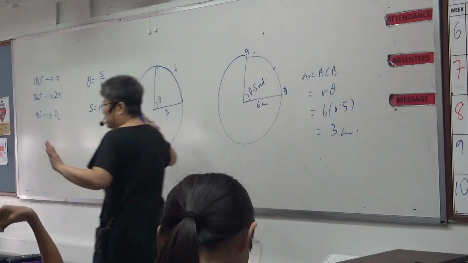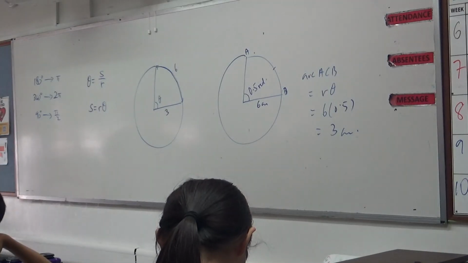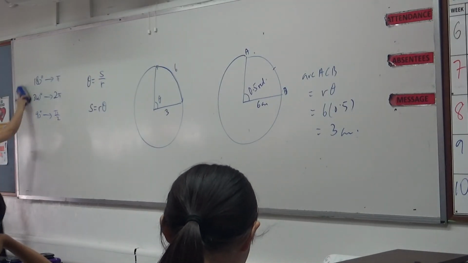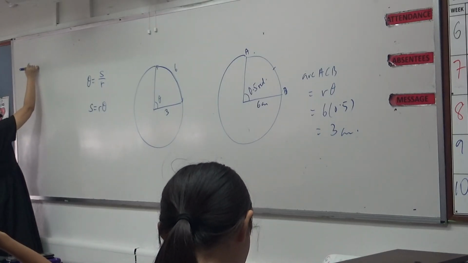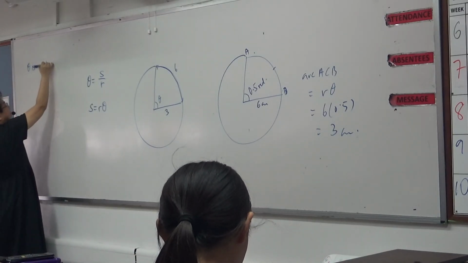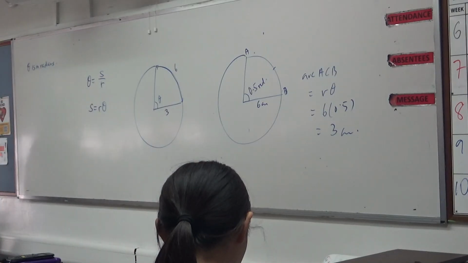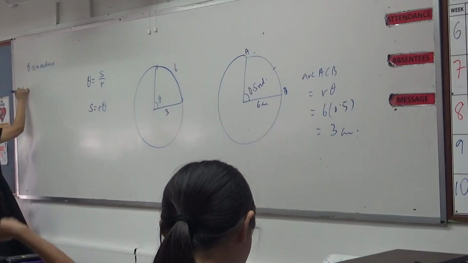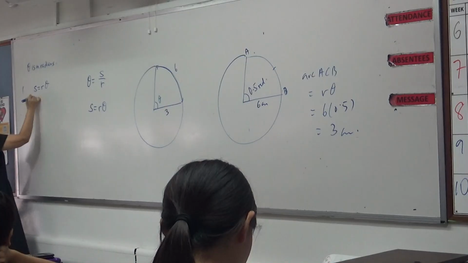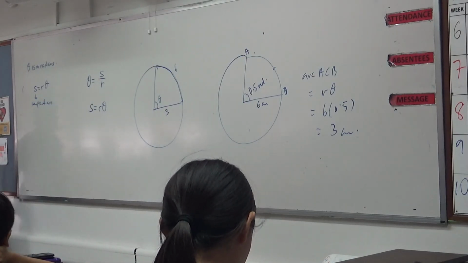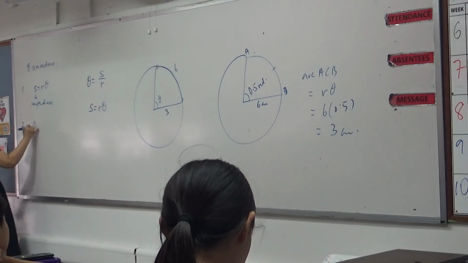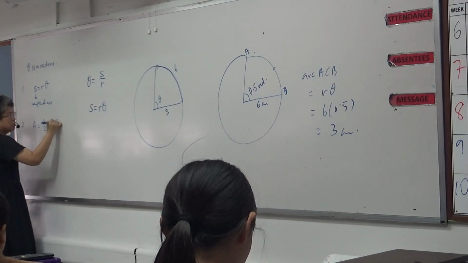Because I said I'm combining 8.3 and 8.4. Now, for these two formulas, theta is in radians. First one, S equals R theta, this one means length of arc. The second one, A is half R squared theta.